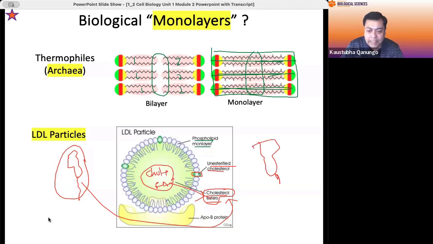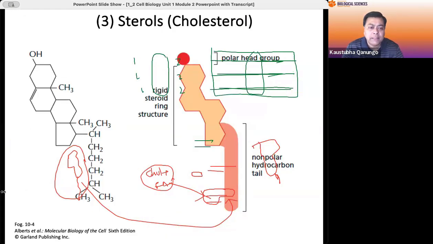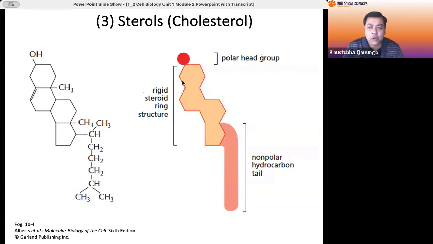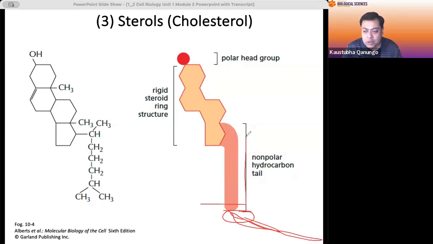So just remember, looking at this structure, this is the entire structure. I just wanted to clarify that when you make a cholesterol ester, that ester is connected onto that. This tail is part of the cholesterol, so don't consider it a fatty acid. The fatty acids are associated here, and when it is associated here, we call that a cholesterol ester.